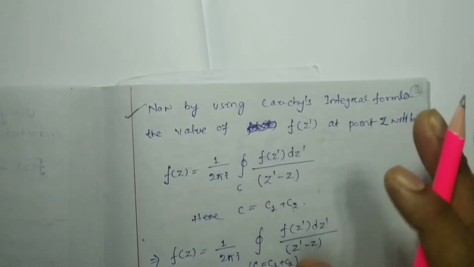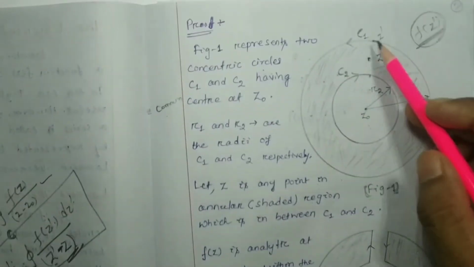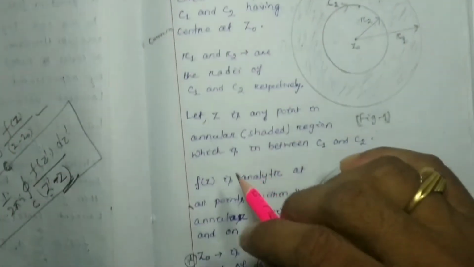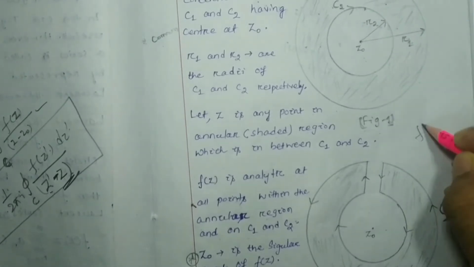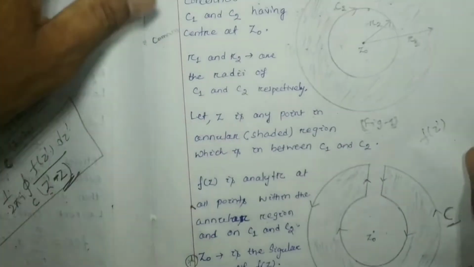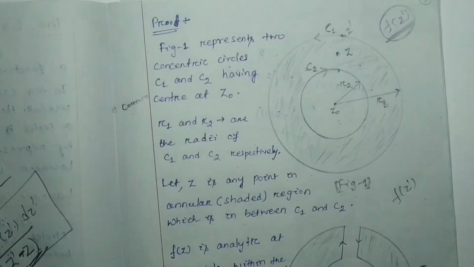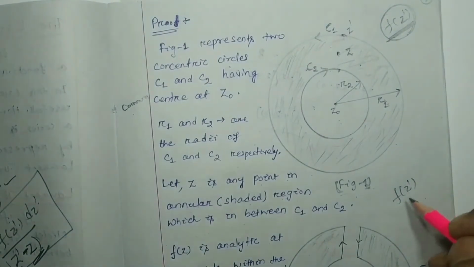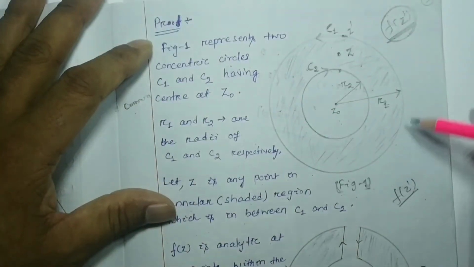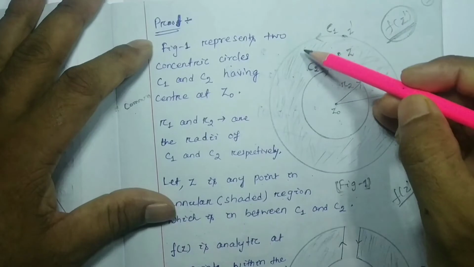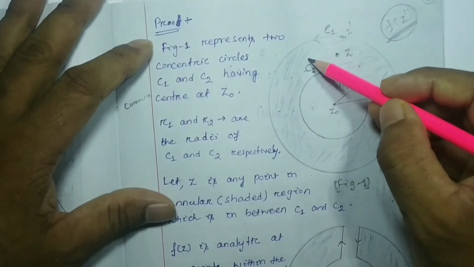Don't be confused, as we consider that z dash is a point on this circumference, hence we consider that the function f(z dash) is spread on the circumference of C1, below C1 and above C2, and on C2.